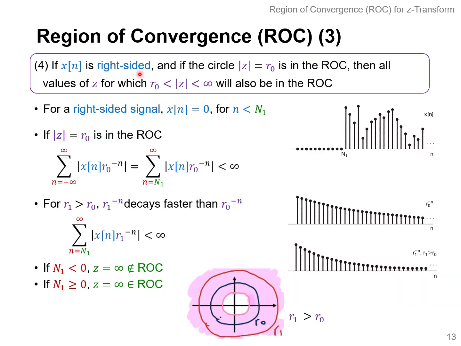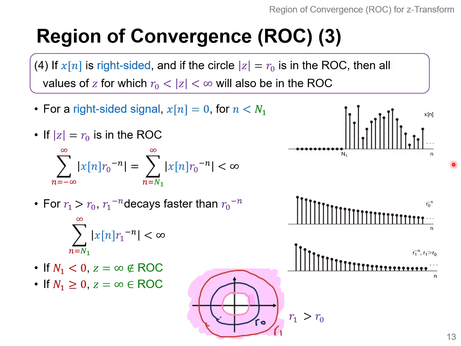Next, we look at the ROC for a right-sided signal in the z-transform. A right-sided signal means x[n] is 0 for all n smaller than n1. So the signal starts at n1 and continues toward positive n.